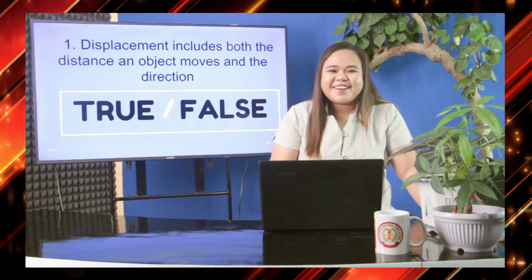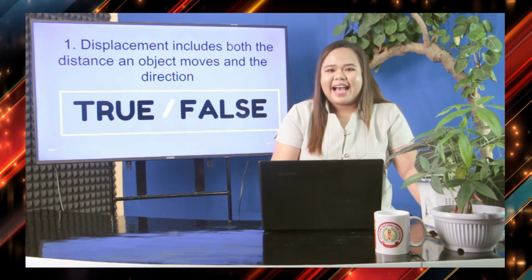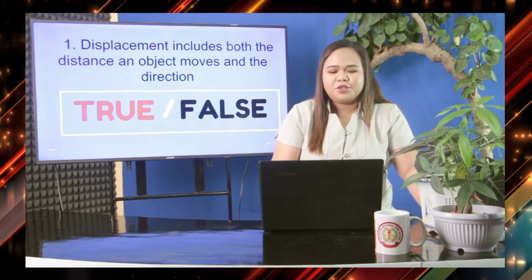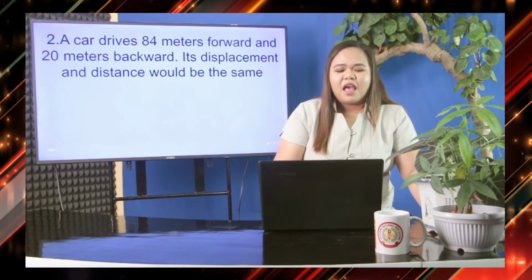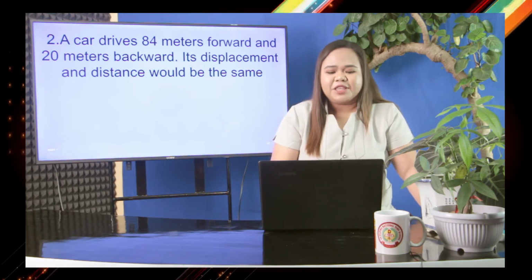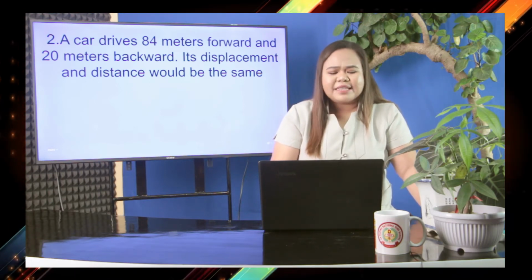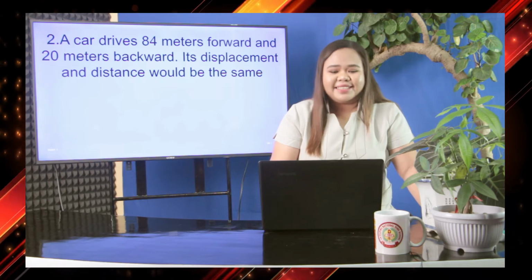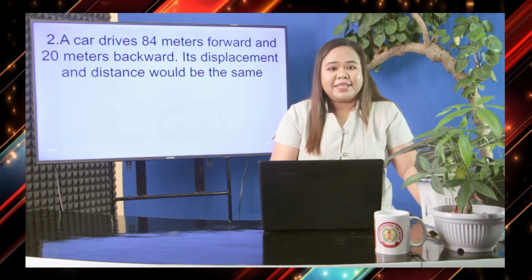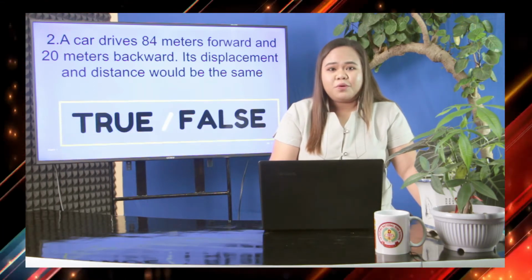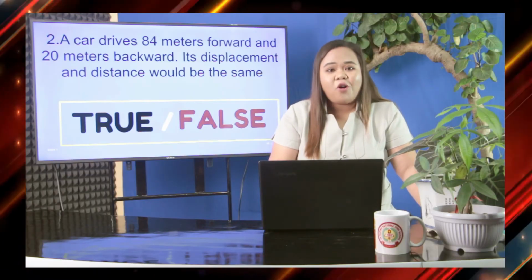The correct answer is true. Now, let's have number 2. A car drives 84 meters forward and 20 meters backward. Its displacement and distance would be the same. Is it true or false? Correct answer is false.